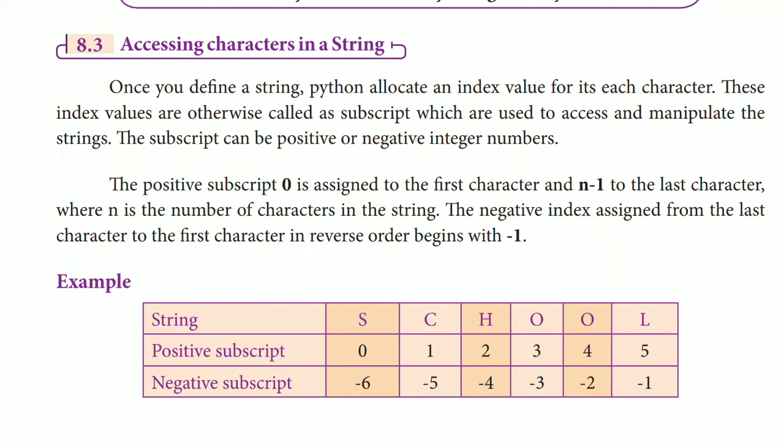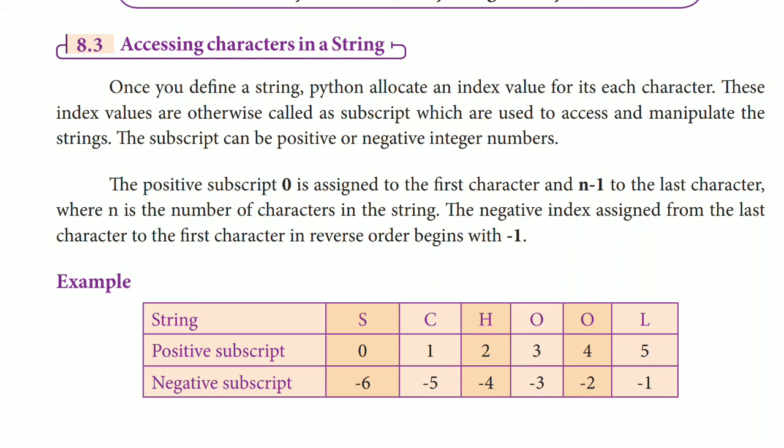Both subscript values are assigned to every string that you declare in Python. Either you can use positive subscript or negative subscript, it's up to you. The negative subscript is assigned from the last character to the first character in reverse order, beginning with -1.